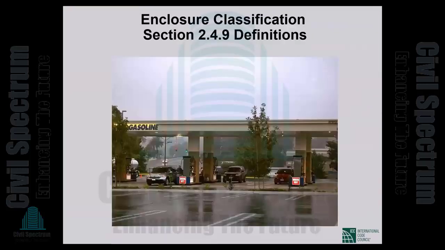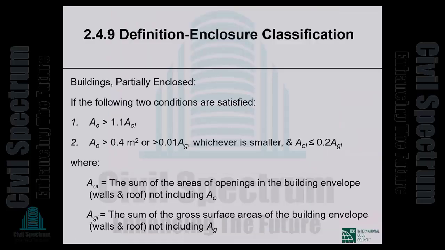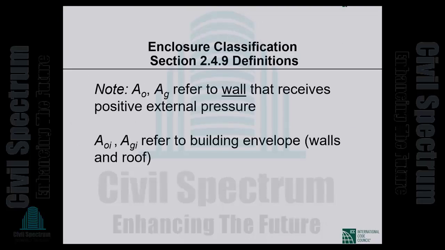These are according to what I described to you. An open building is typically not a building. It will look something like this. 80% of each face basically open. So partially enclosed building, remember, there are windward openings, there are suction openings, windward openings predominate. The mathematical expressions for that are here.